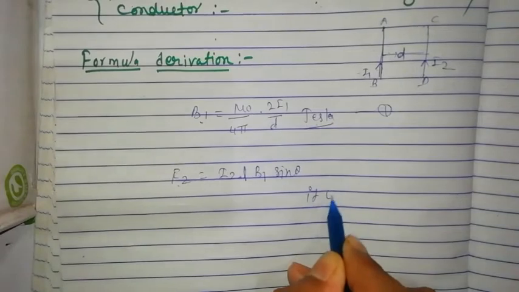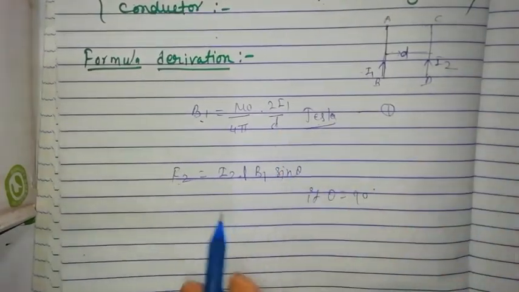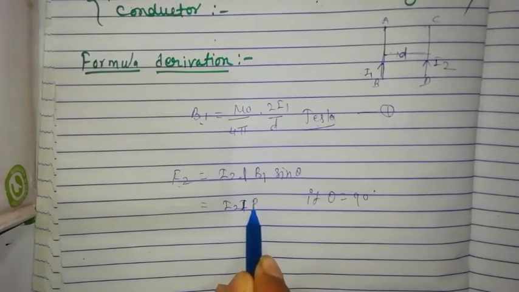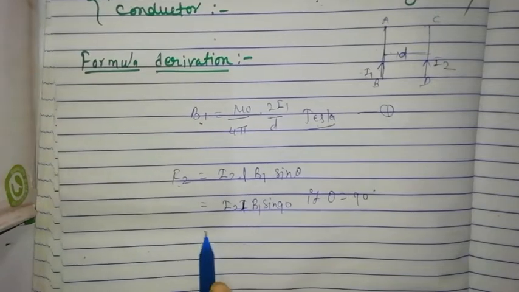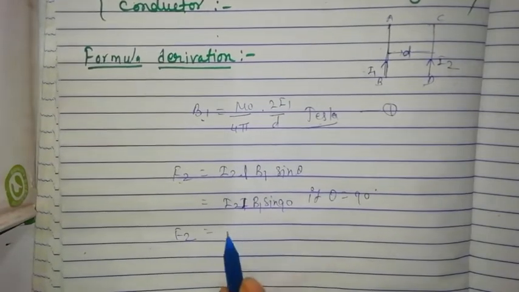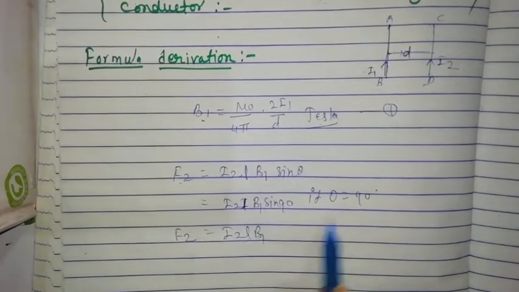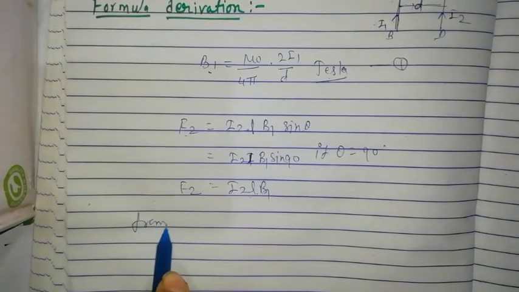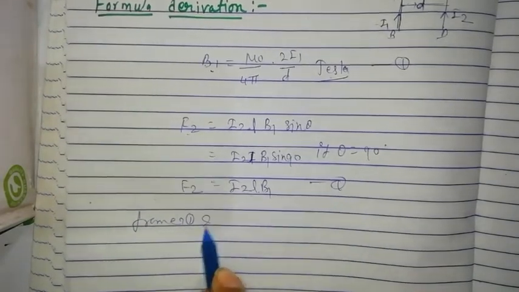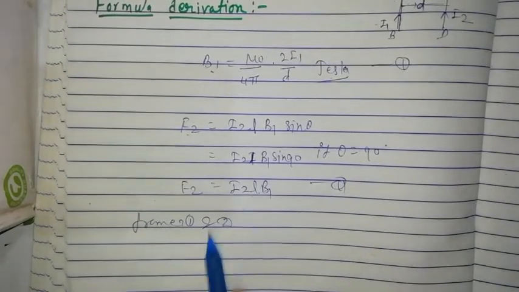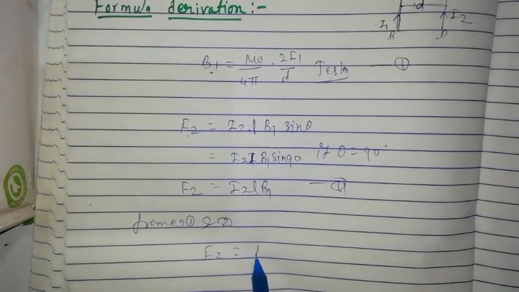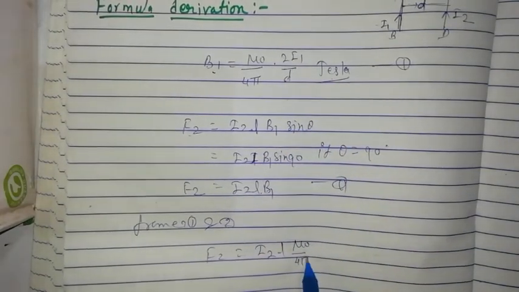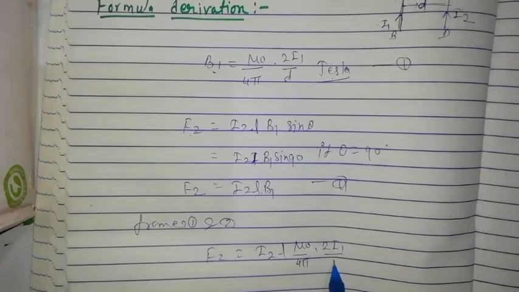If theta is equal to 90 and it is perpendicular, then F2 is equal to I2 L B1 sin 90, so F2 is equal to I2 L B1. Putting the value of B1 in equation number 1, we get F2 equal to I2 L times mu 0 upon 4 pi times 2 I1 upon d.